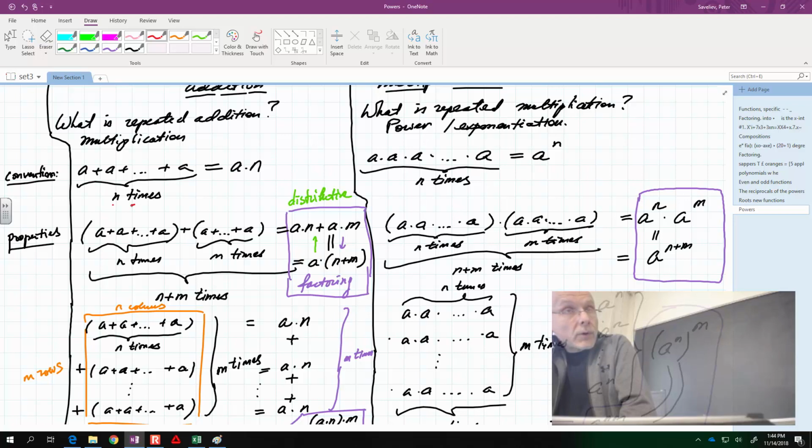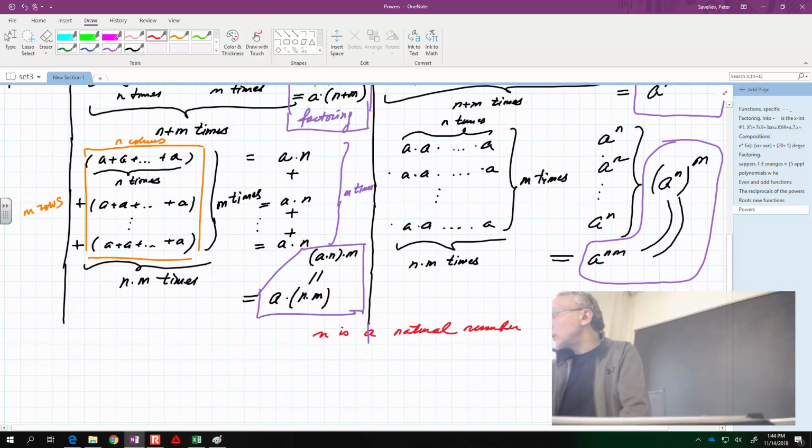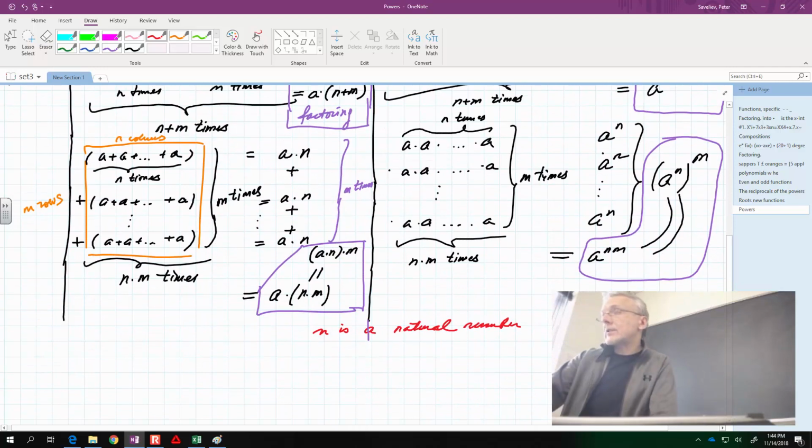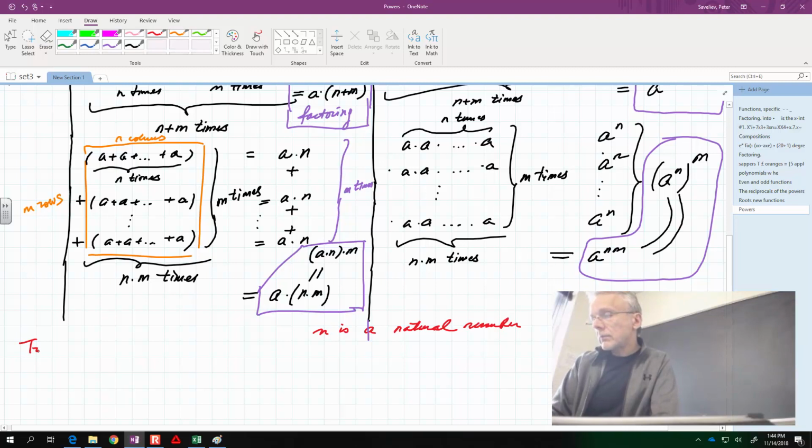Okay, so then it means that we don't have these functions yet. If we want a function, then we only multiply by n, which is a positive integer: 1, 2, 3, 4, and so on. And the next stage is, what if n is equal to 0? That's probably the simplest step that we can make. So try n equals 0.